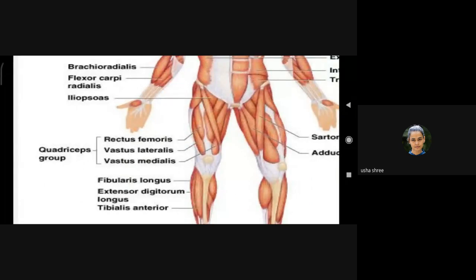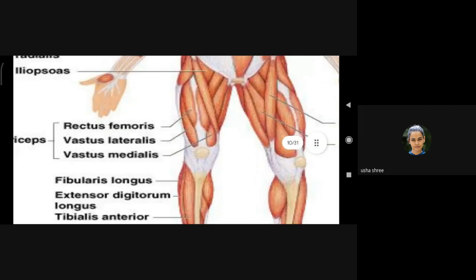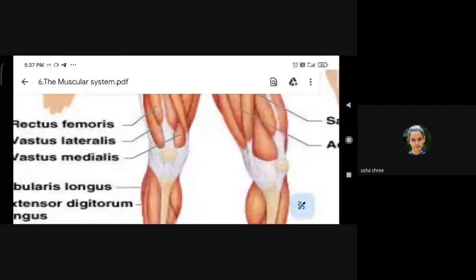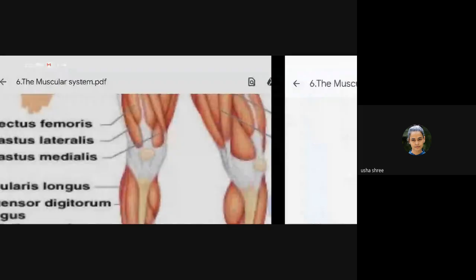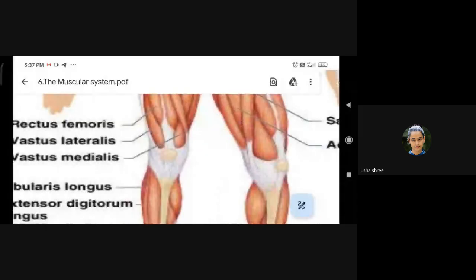These four muscles form the quadriceps: rectus femoris, vastus lateralis, vastus medialis, and one more muscle, vastus intermedius, I think. You can see these four here.